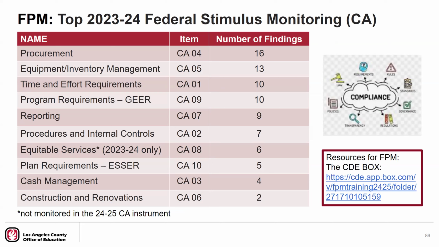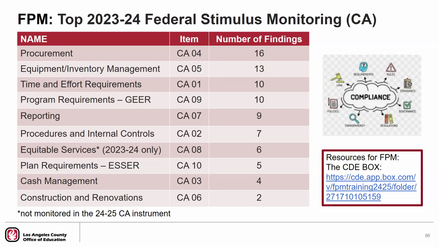This is a list of the most frequently non-compliant items from last year's 23-24 FPM reviews of the federal stimulus monitoring instrument. Overall, there was a decrease of LEA findings compared to the previous year. Procurement has the highest frequency of LEA findings in CA04.